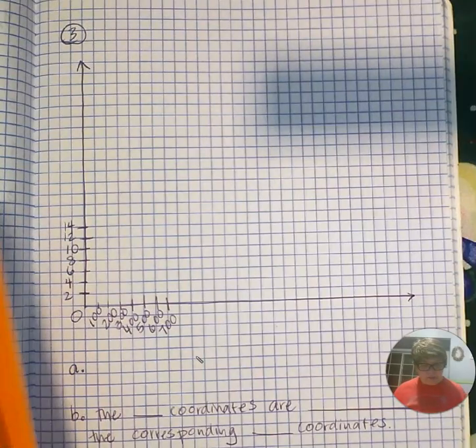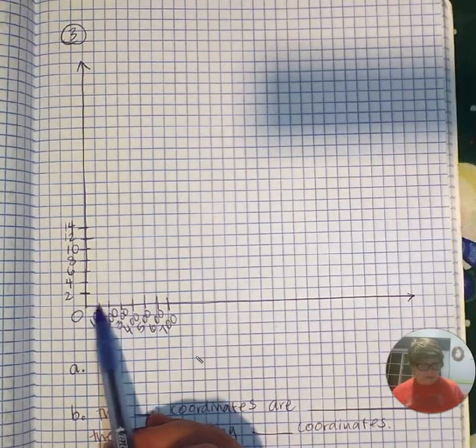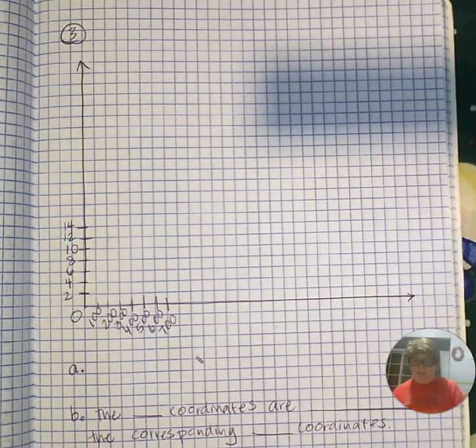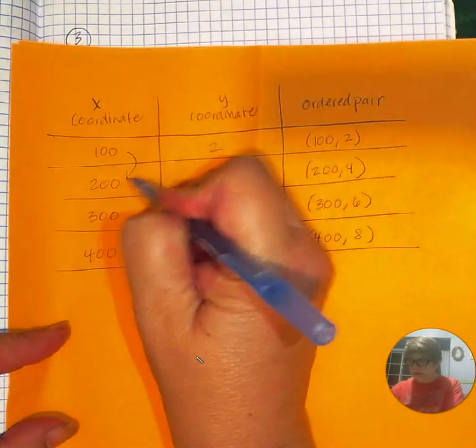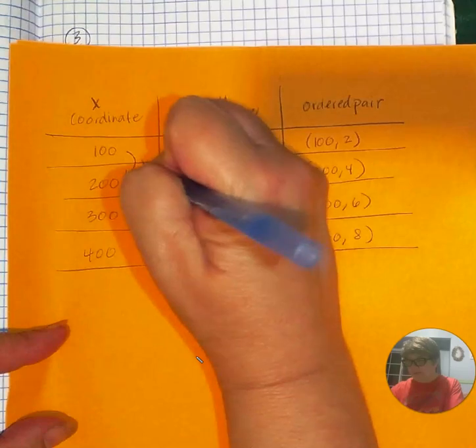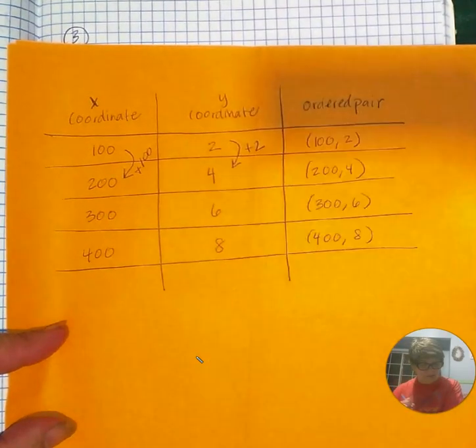Okay, so what is the vertical distance? Vertical is going to be 2. Horizontal is going to be 100, right? What is the rule for the x's? Plus 100. And the rule for the y's? Plus 2, right?